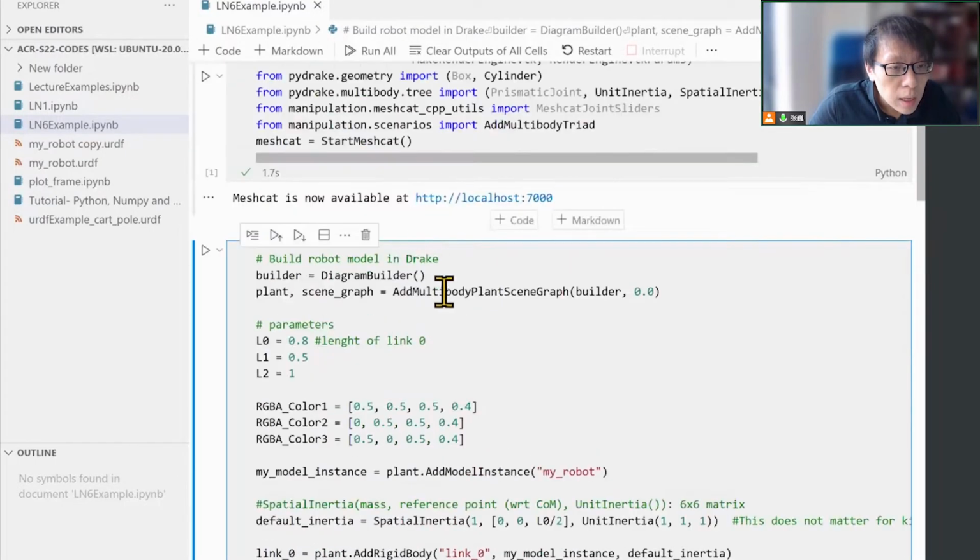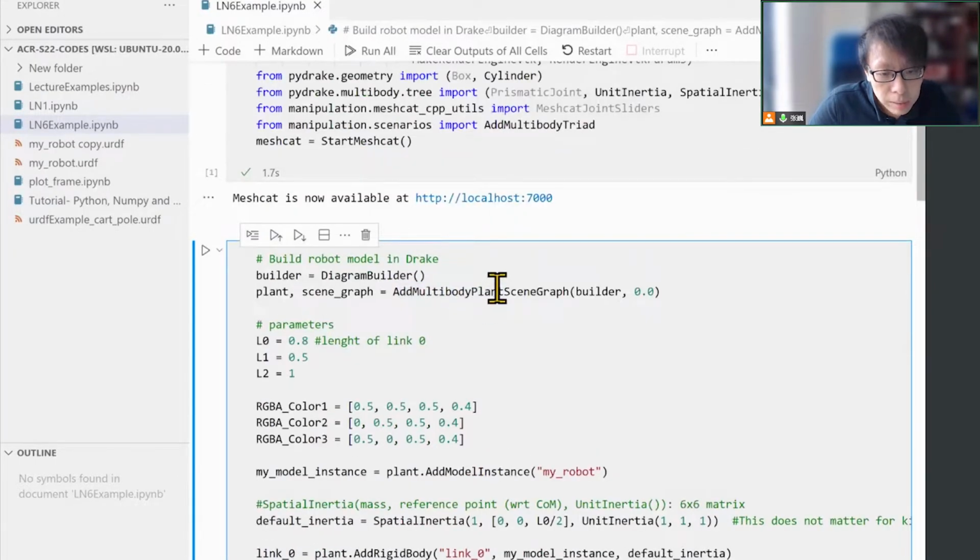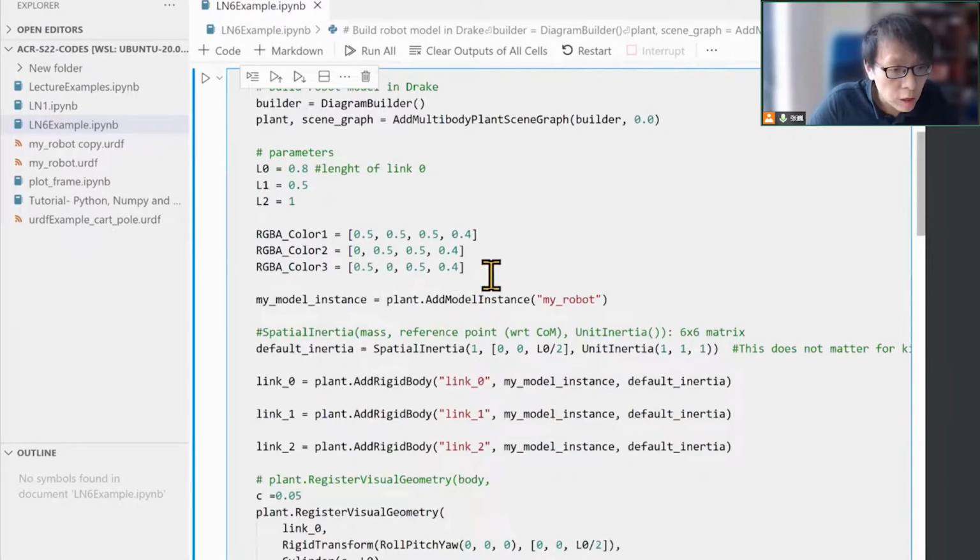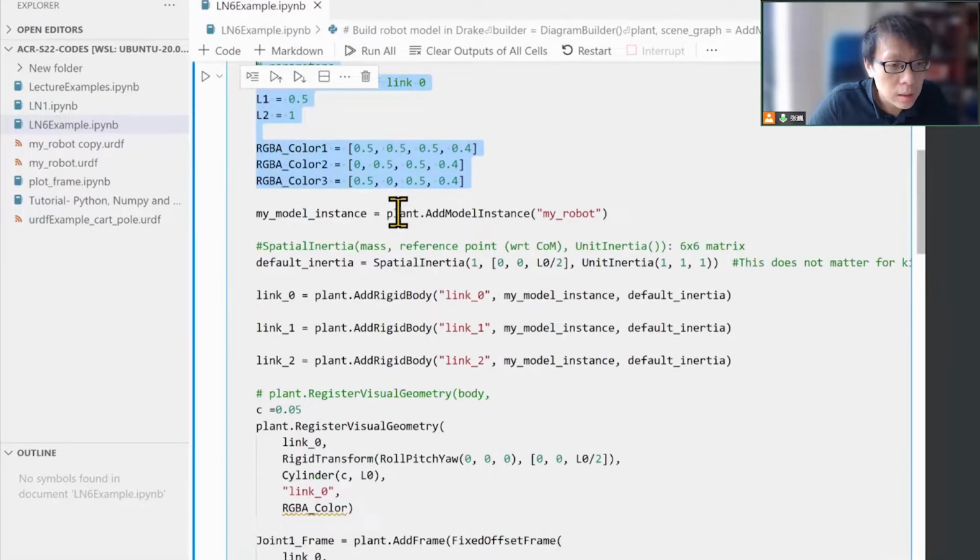Then I first create a multi-body plant. This is almost an empty thing; so far I don't have anything yet. Then I create an instance of the model and start to add bodies. These 3 lines of code add the bodies.